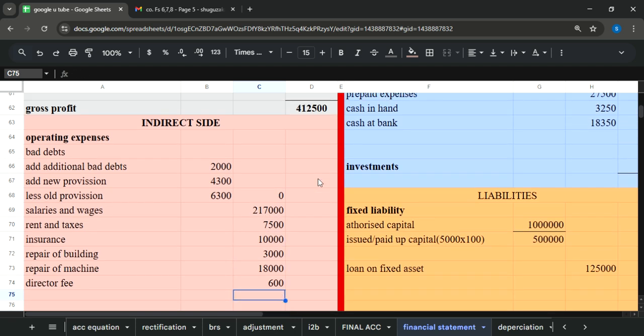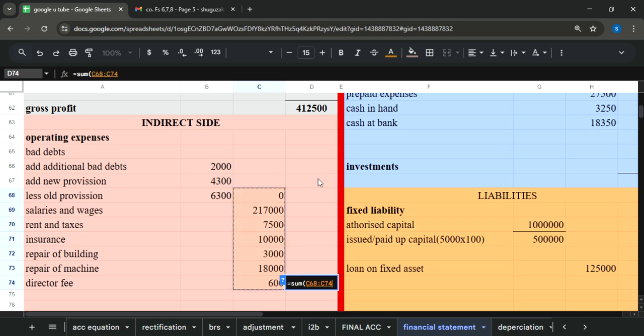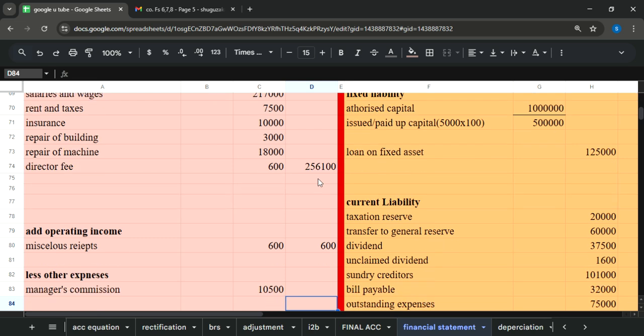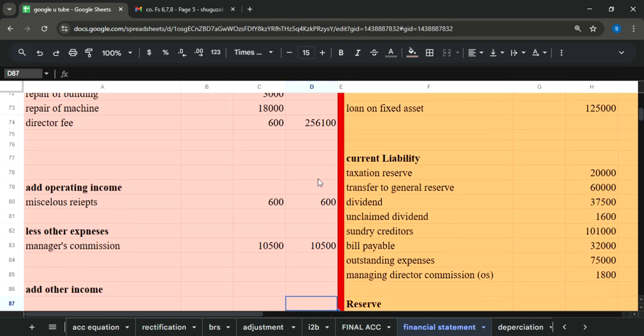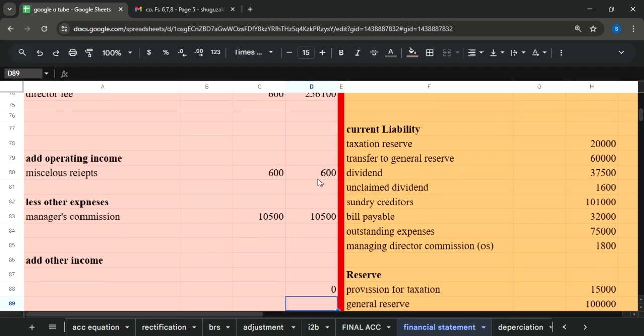Alright, now we are ready to take the sum of all operating expenses, one of four factors. Then operating income, there is only one amount, so you may take it outside. After which other expenses are also present, only one amount. No other income is present, so you may mention zero.